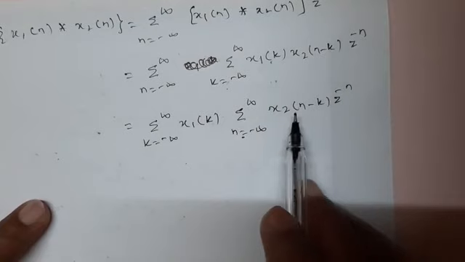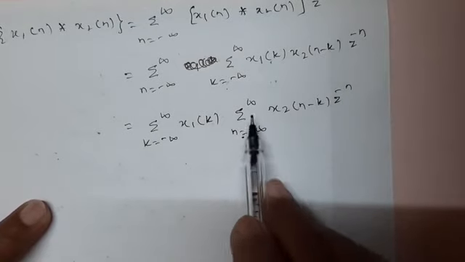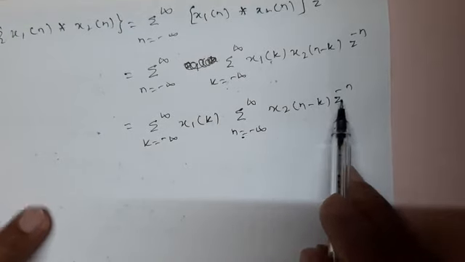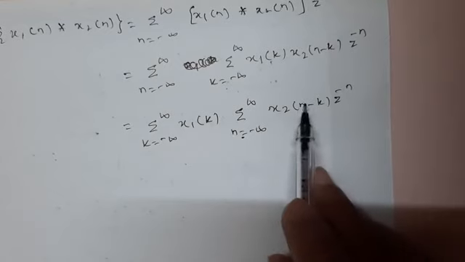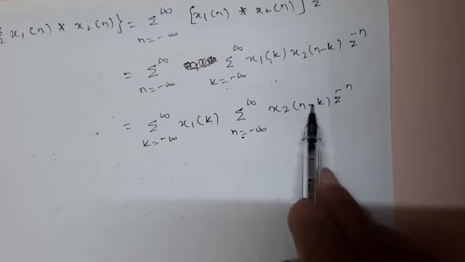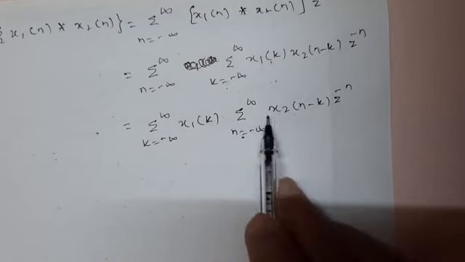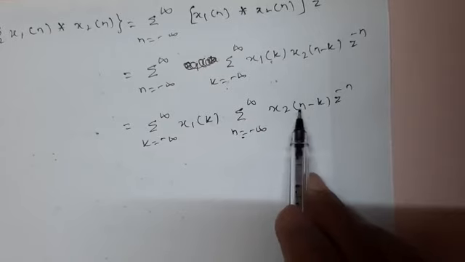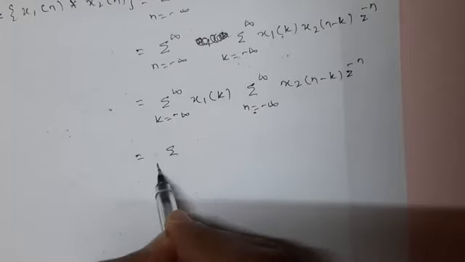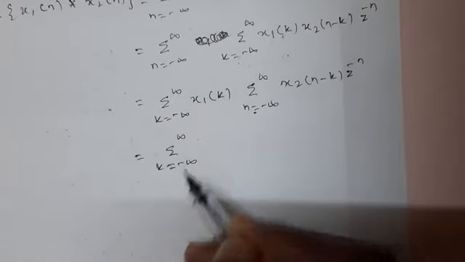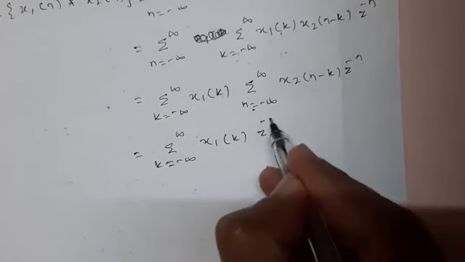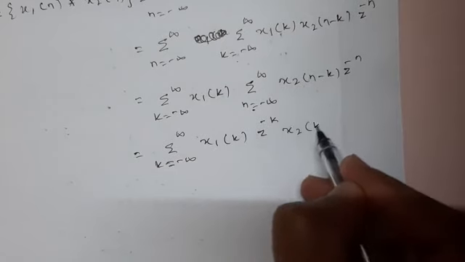One of your time shifting properties was stating that summation n equal to minus infinity to plus infinity x of n minus k z to the power minus n is the Z transform of x of n minus k, which was z to the power minus k X of z, the second property. So using that property, what I can write is summation k equal to minus infinity to plus infinity x1 of k and z to the power minus k X2 of z.